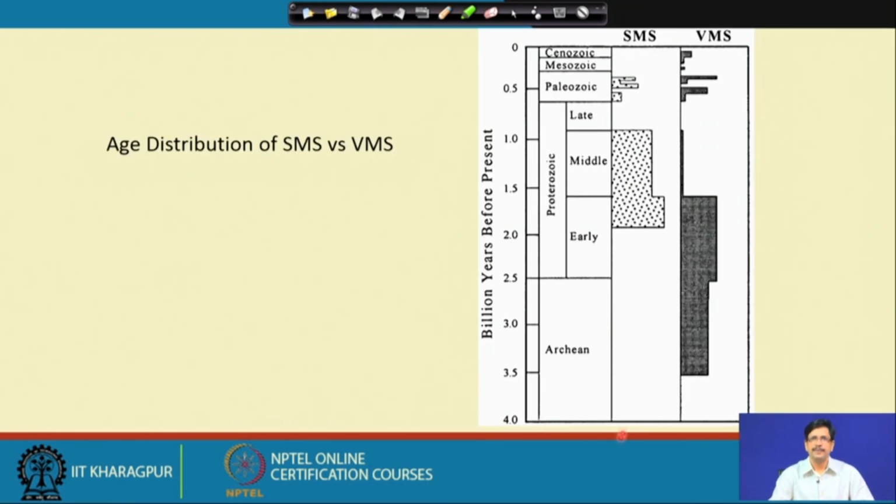Here is a brief comparison of the temporal spectrum of these deposits. Even though they range from early Proterozoic to the end of the Paleozoic, the density, the frequency of occurrence, is far more within the Proterozoic, unlike the volcanogenic massive sulphide deposits, which range in age from Archean to Cenozoic.